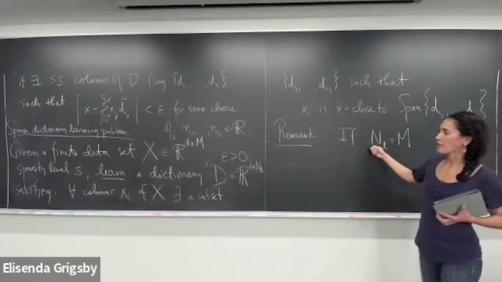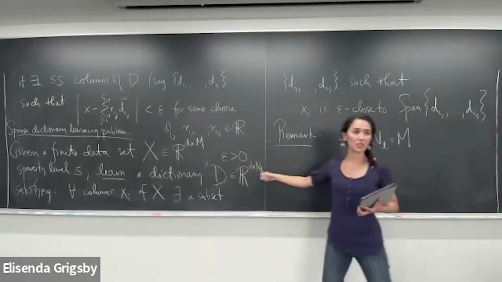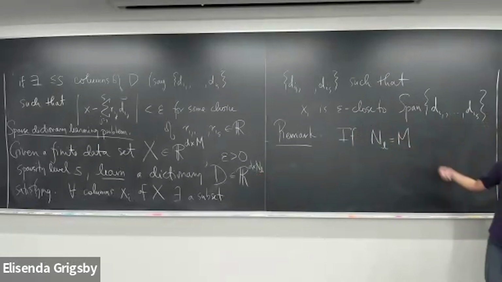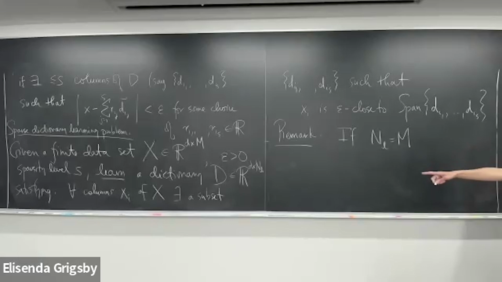If you allow the number of atoms in your dictionary to be equal to the size of your data set, then this problem is trivial, because you just make D equal to X, and then you have one-sparse representations of each of your x_i's, because your x_i's are exactly your atoms.